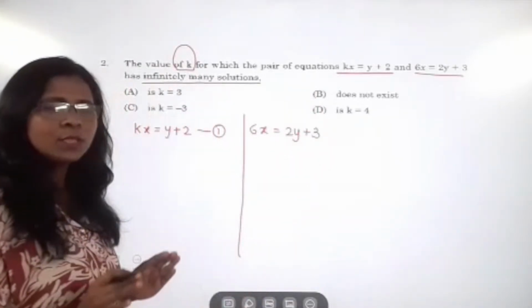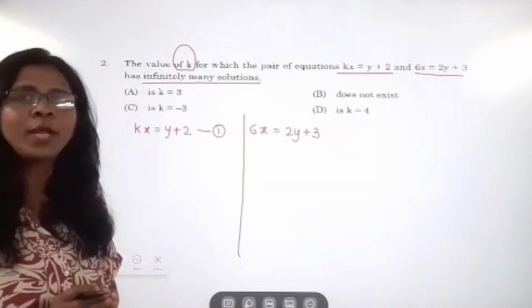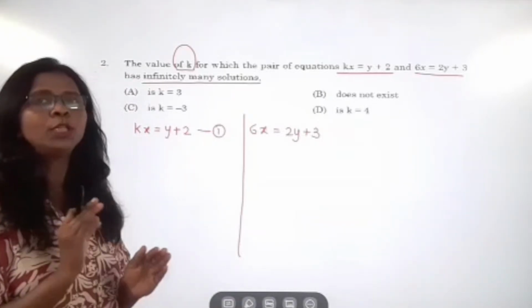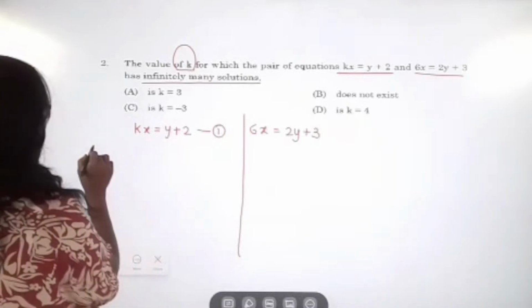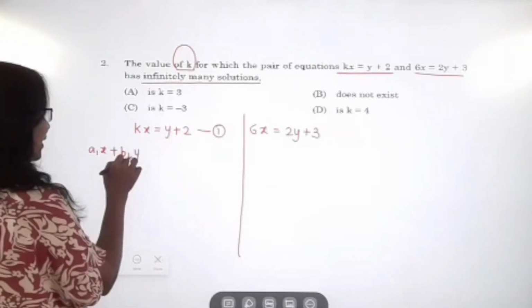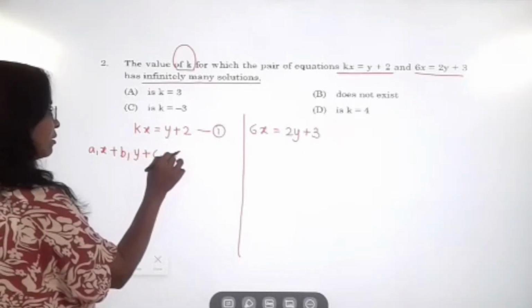Okay, now here students, the general formula for the simultaneous equation with respect to the two variables is a1x plus b1y plus c1 is equal to 0.